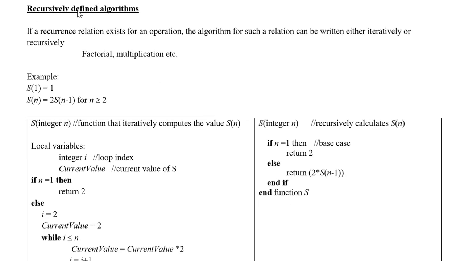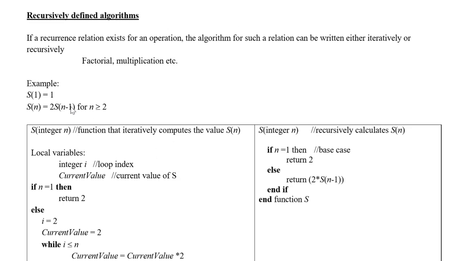So let's see this recursively defined algorithm. If a recurrence relation exists for an operation, the algorithm for such a relation can be written either iteratively or recursively. So that's what I have here, two examples, one written with two methods. For example, S1 is 1 and for Sn we want to return 2 times S(n minus 1). This is what we did at the beginning of the section.